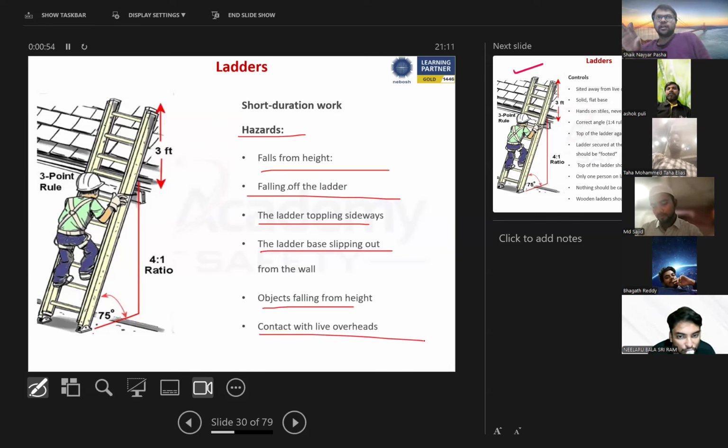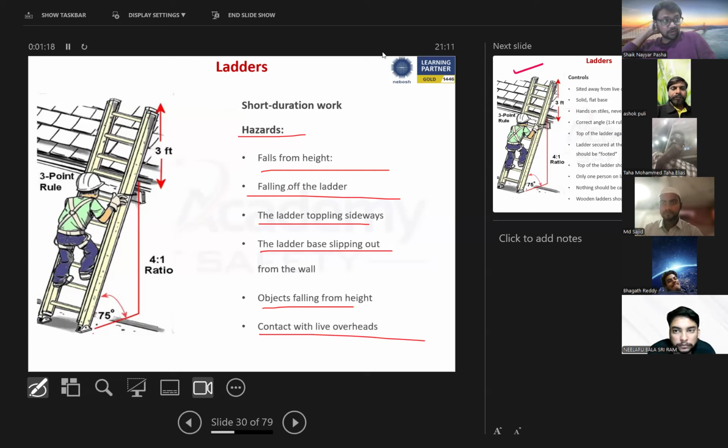Particularly in high-rise building constructions, when you are using ladders, there is a possibility that the workers might come into contact with overhead power cables, which might carry from 50,000 volts to more than 1,000 volts. That could result in fatality as well, a worker getting killed when coming into contact with overhead cables.